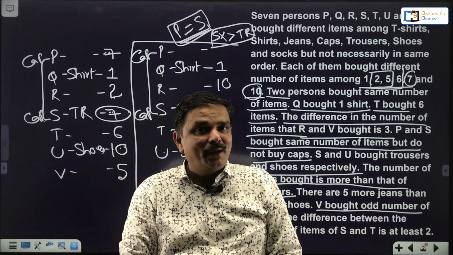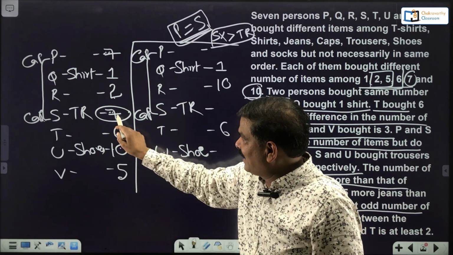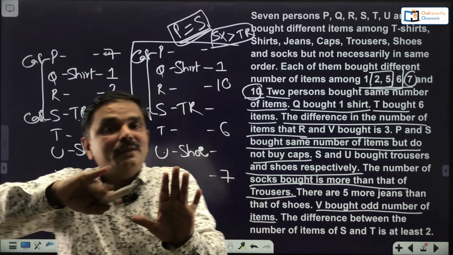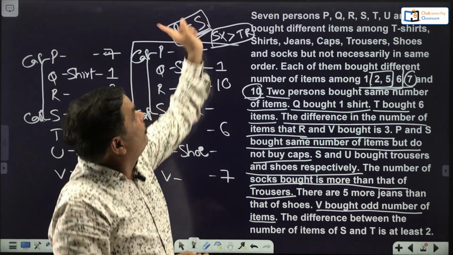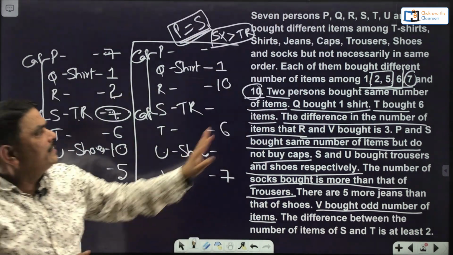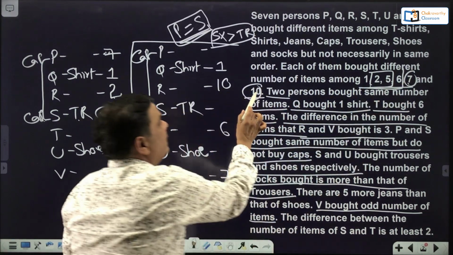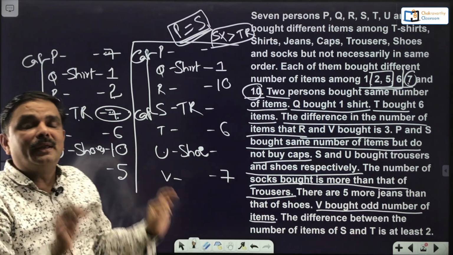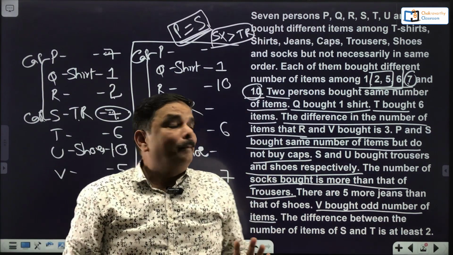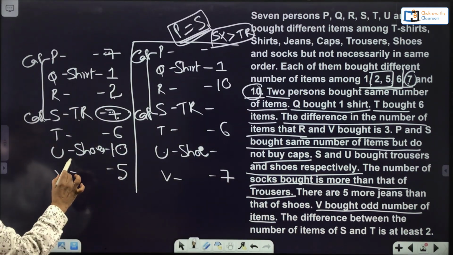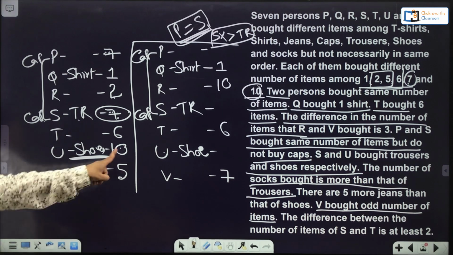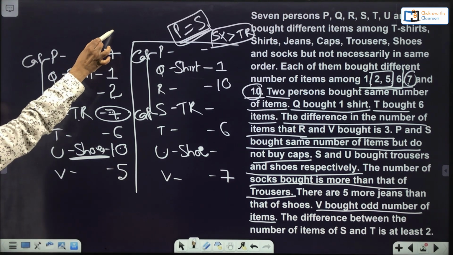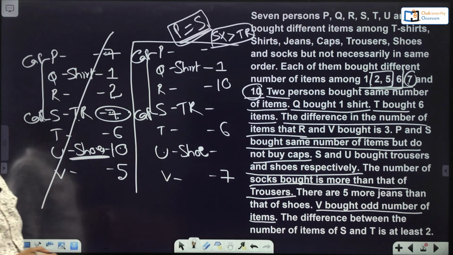When I have given 7 items to trousers, socks should be more than trousers. What is the number which is more than 7? Only 10. If I give 7 to trousers, socks should be given 10. But in this arrangement, shoes have already taken 10. That means this possibility is wrong.